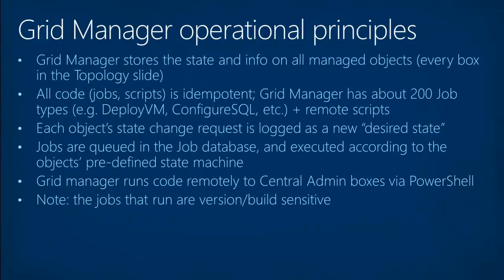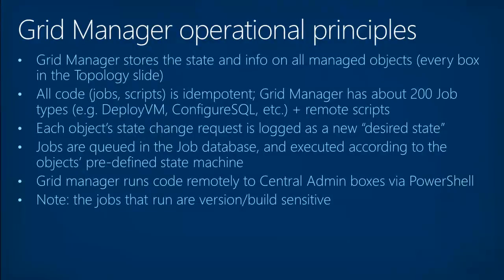are written according to what we call the idempotency principle. If you retry that code against that object multiple times, nothing bad will happen. You will always get to the same end goal. The reason we do that is because we operate globally, in many, many data centers. Grid Manager has to talk across the world all the time. And in many cases, outside our control, we lose network connectivity or there are glitches.